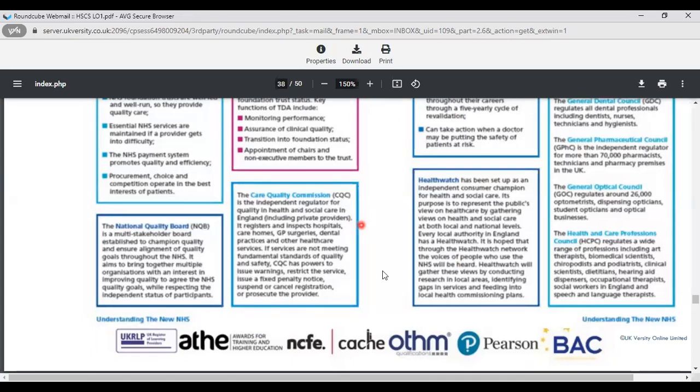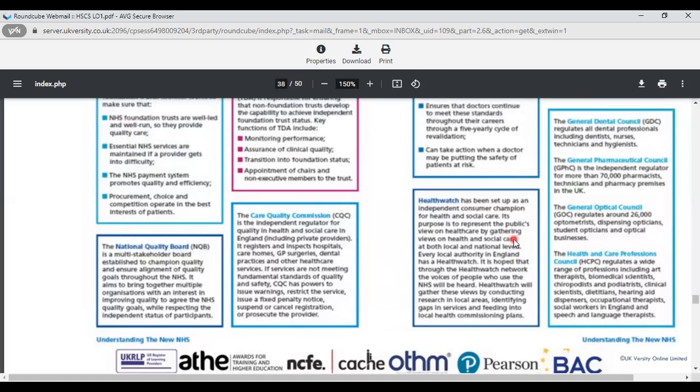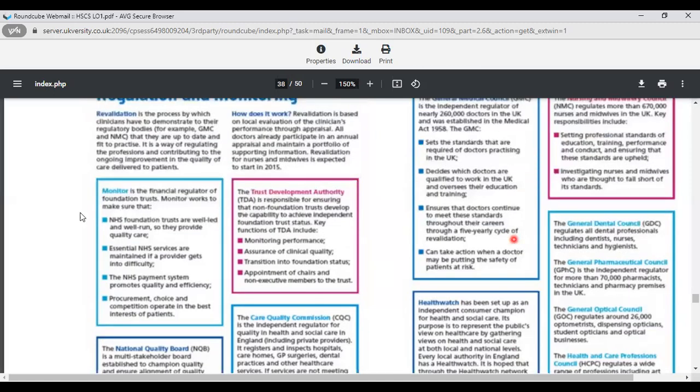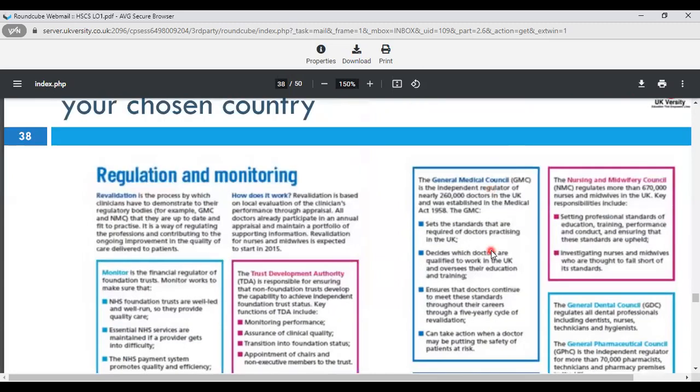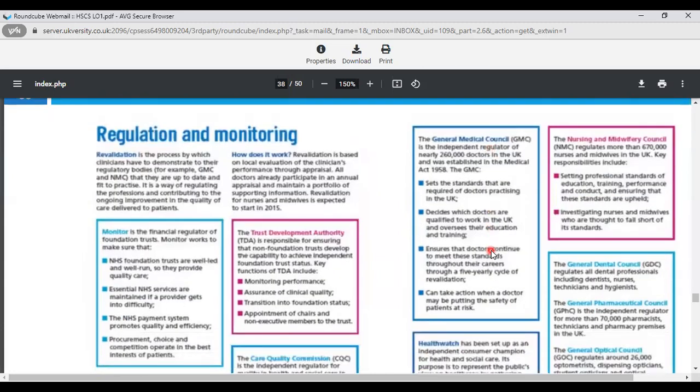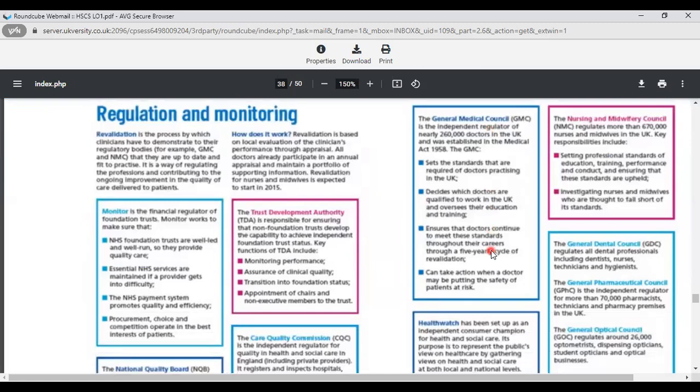And if the services are not according to the fundamental standards of quality and safety, the CQC has powers to issue warnings. Otherwise, they just strike them from the list. So there are several organizations that I've just mentioned in a nutshell. You can have a look at all of them and what their services are within the NHS.